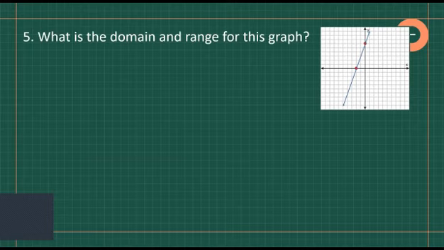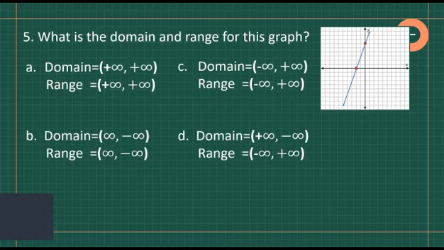Last question. What is the domain and range for this graph? Is it A, the domain is positive infinity, and range is positive infinity? B, the domain is positive infinity and negative infinity, range is positive and negative infinity.